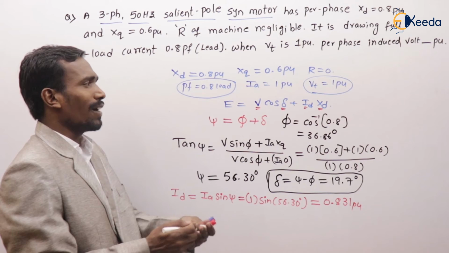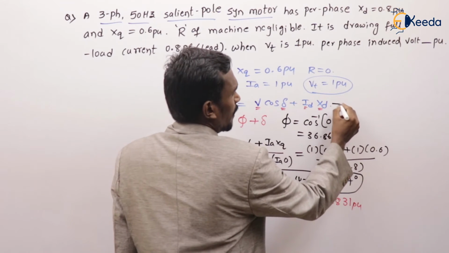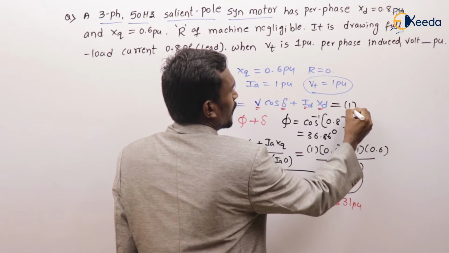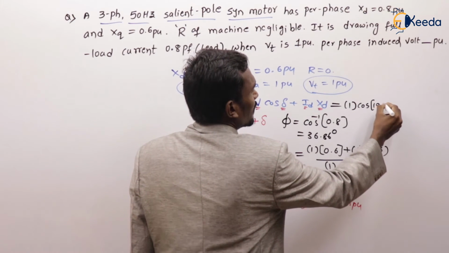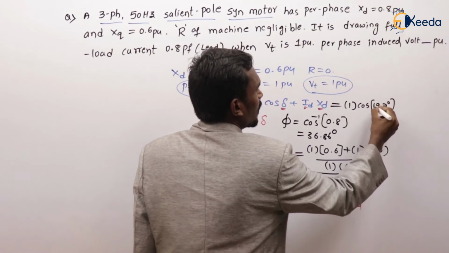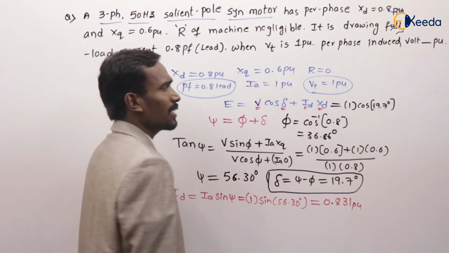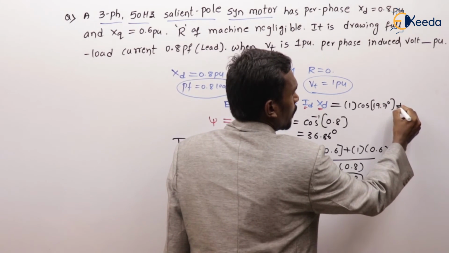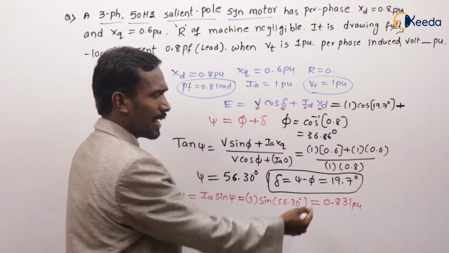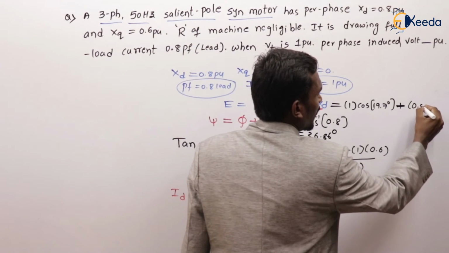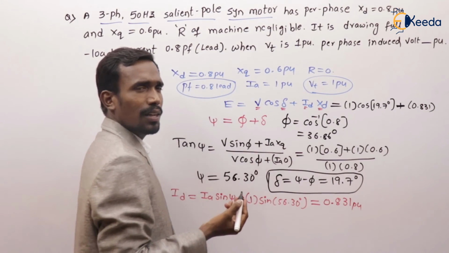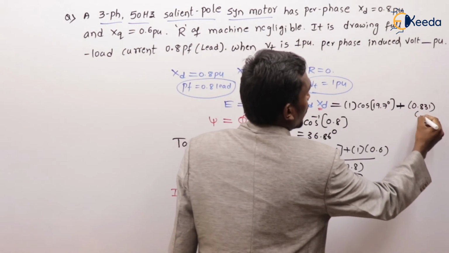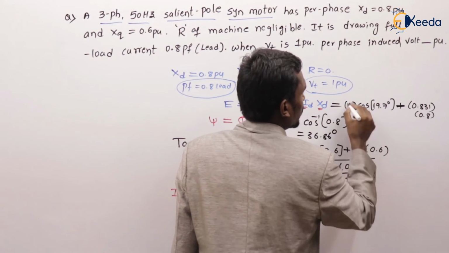Now substitute all the values here. V is 1 per unit, cos delta 19.7 degrees, plus Id, which is 0.831, multiplied by Xd 0.8.